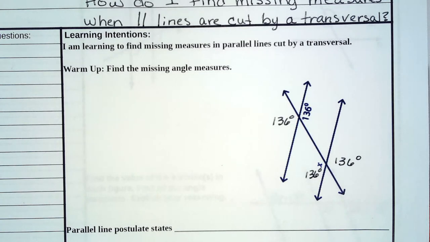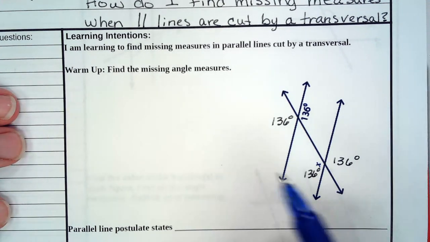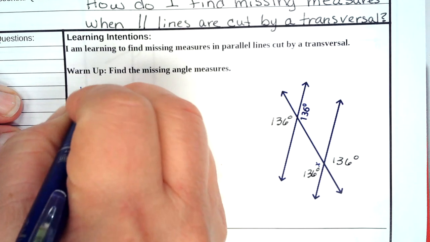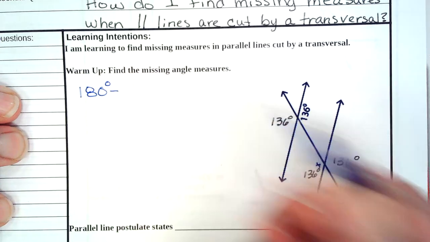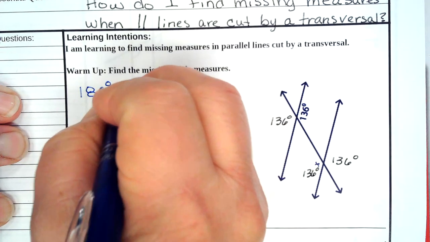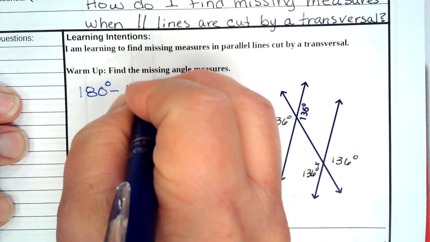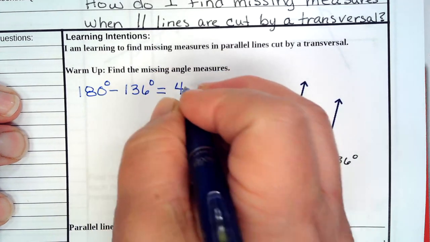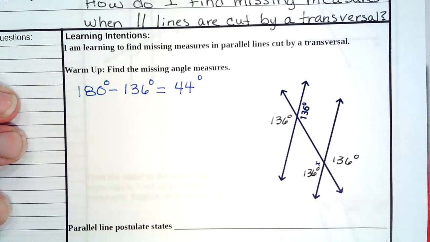How do I find them? Well, if they're not congruent, then they are supplementary. To find the other 4, supplementary means they add up to 180 degrees. 180 degrees minus 136 degrees is equal to 44 degrees.